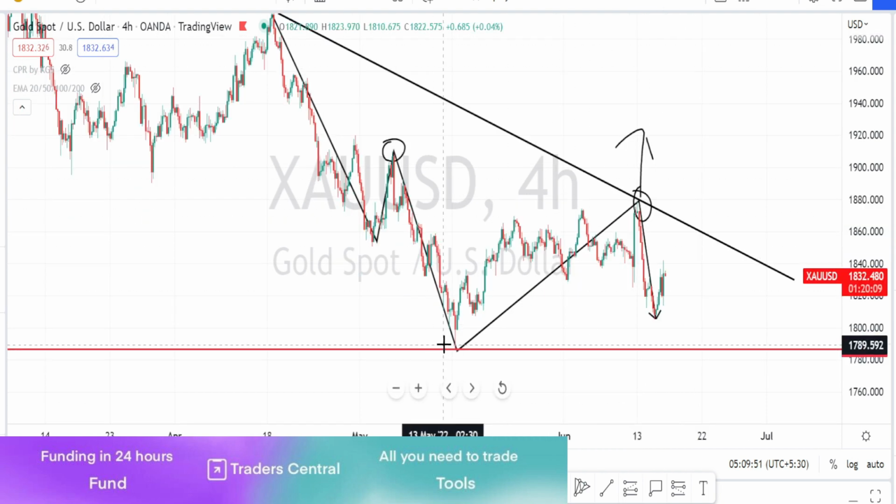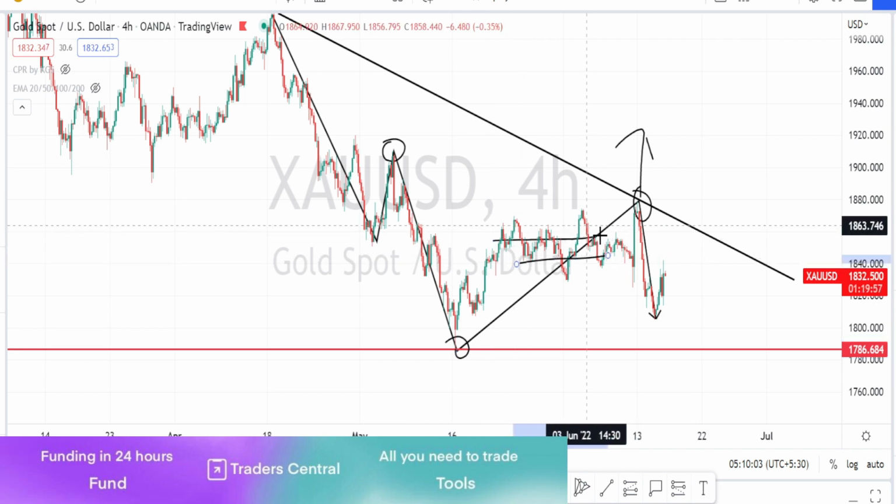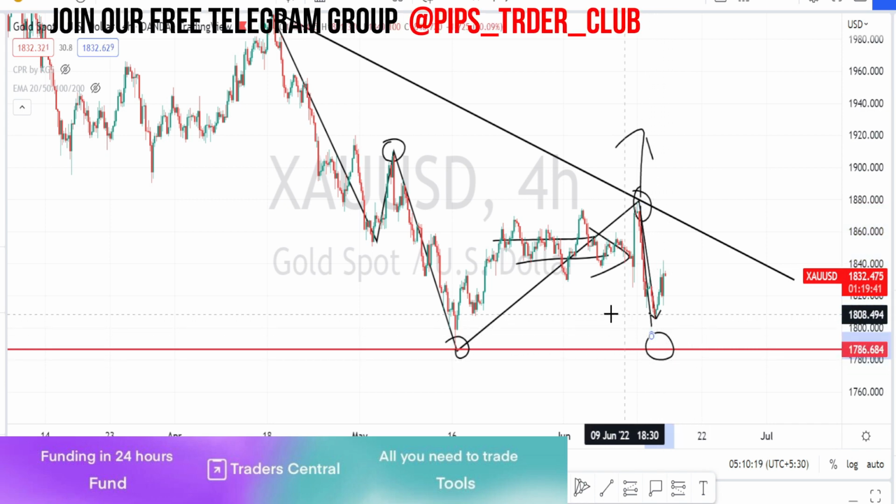And when we look at the previous low also, it has not broken the support level of 1786. So currently the price action in 4 hours time frame is in a sideways. It has tried to break this resistance line and there was not enough bullish momentum and fell on a bearish trend reversal, and it doesn't have enough bearish momentum also, and it is trading on a sideways for now.